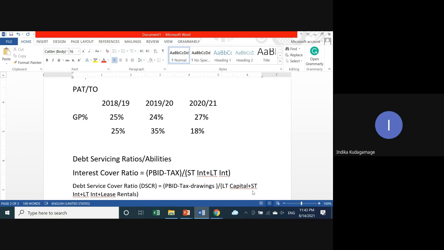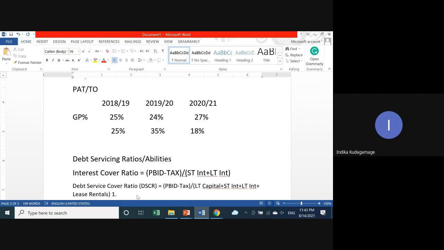But in your day-to-day operations, if you can take out some money for the living of the owners, then it is better. But technically, you don't need this.